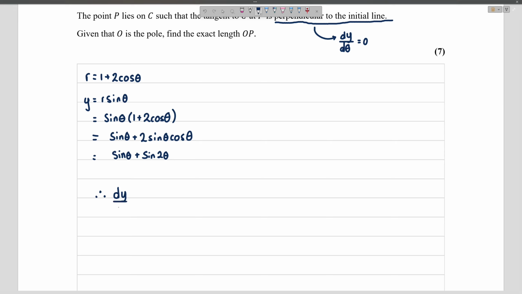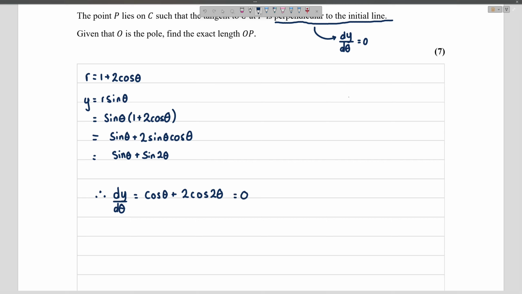So dy by d theta is equal to the following. Nice and straightforward, just go term by term. Sine theta differentiates to give us cos theta, and sine of 2 theta gives us 2 cos 2 theta. Now I set this equal to 0, but solving this isn't the easiest.